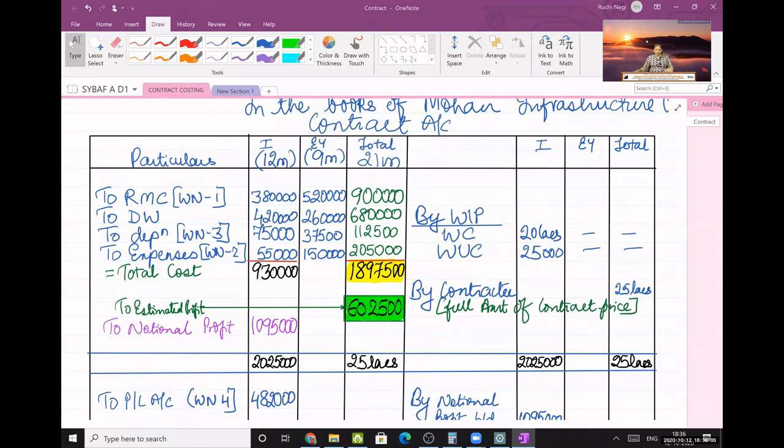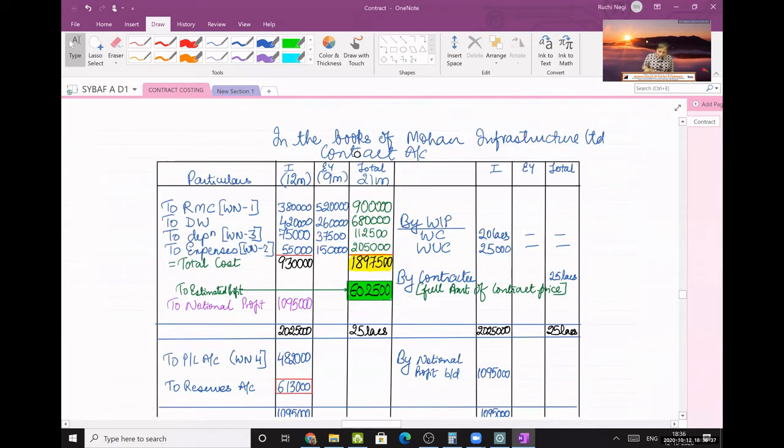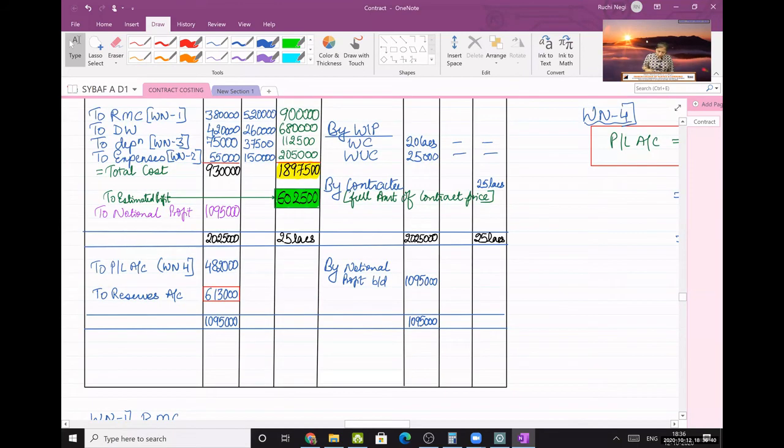Okay, once you get this, now there is no need to calculate the range here, like what we do in multiple contracts and even in multiple years. No need to calculate the range here because you are nearing completion.